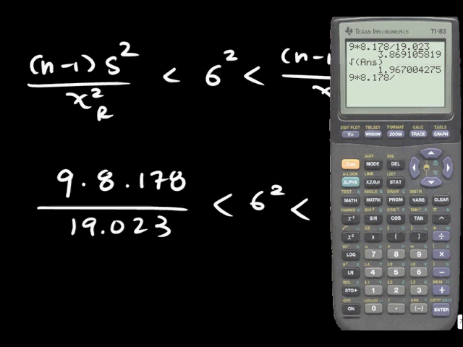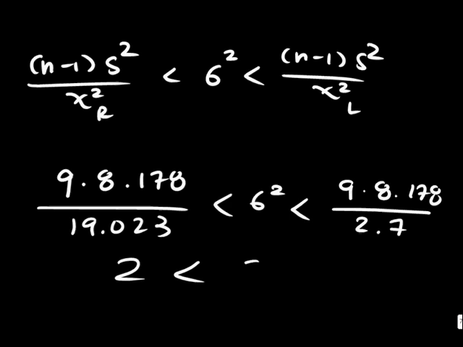Don't forget, take the square root. We get 5.22. So if we approximate to the nearest tenths position, 1.9 with a 6 to the right makes us add 1 to the 9, which gives us a 2. Approximate to the nearest tenths, you get 5.2. 2 less than sigma less than 5.2. Remember, taking square roots.